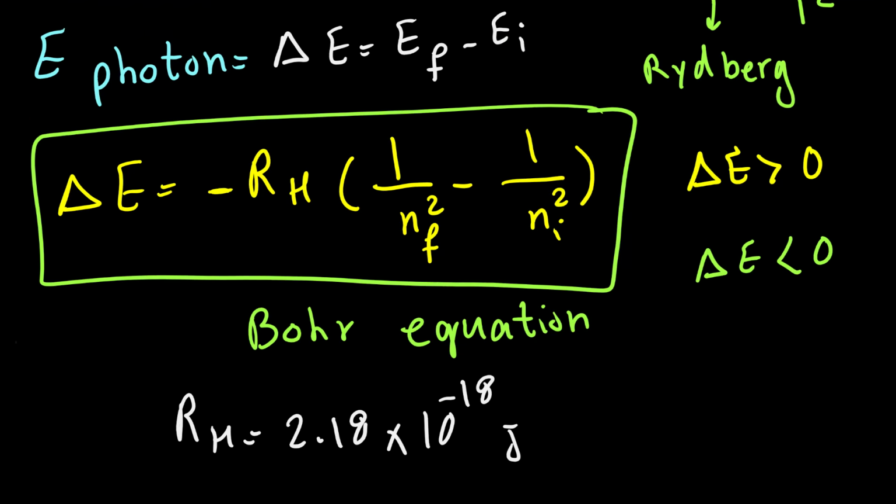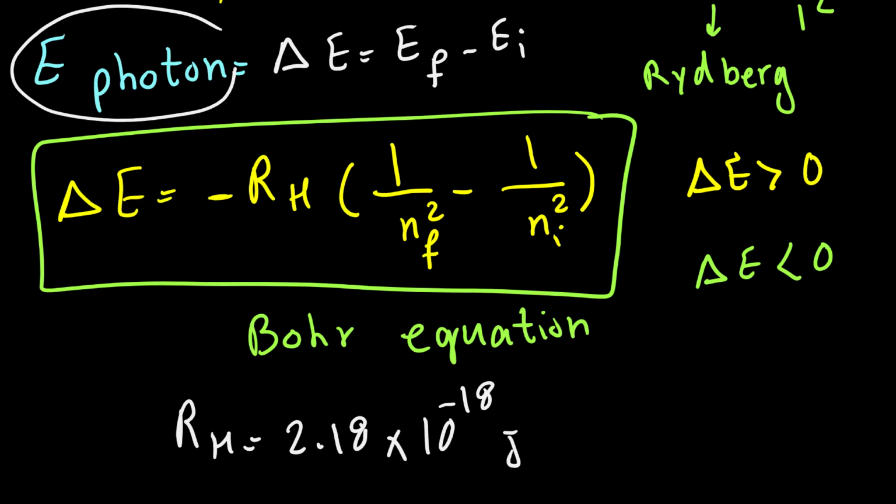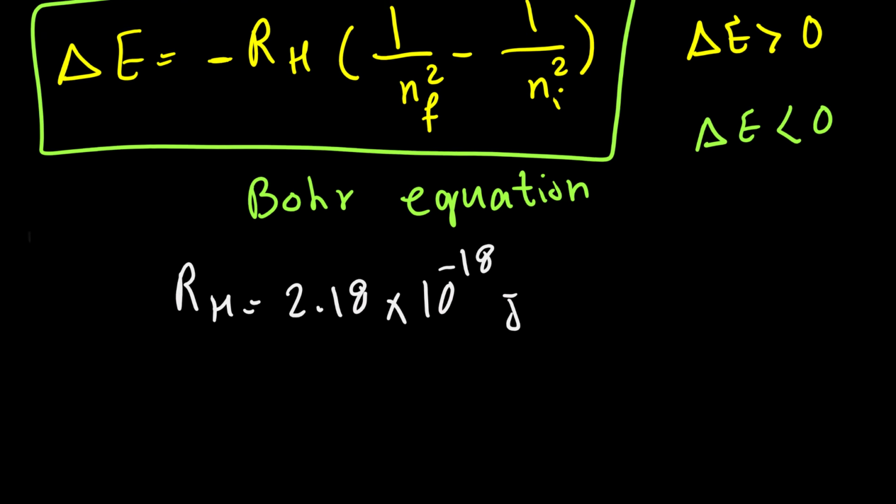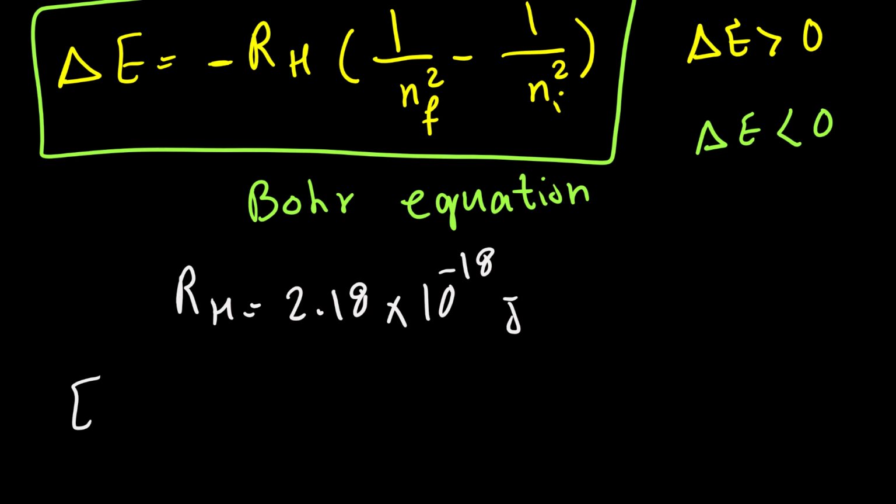We also know that the energy of a photon is equal to delta E, and the energy of a photon can be calculated by h nu or by hc over lambda. Combining these two equations, we can calculate the frequency or the wavelength of the light absorbed or emitted in a line spectrum.